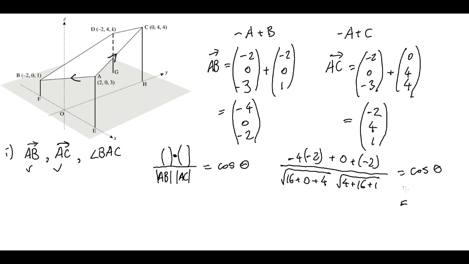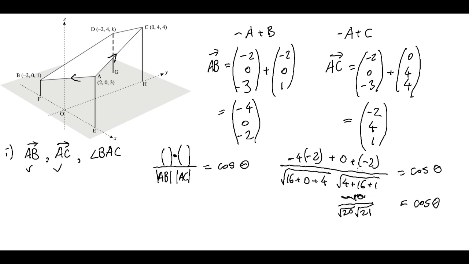And by putting all these into the calculator, minus 4 times minus 2 is minus 8, plus minus 2 is minus 10, divided by root 20 times root 21, and they are not good numbers, so do not bother trying to simplify those, equals cos theta. Actually, this is plus 8, so I made a mistake here.